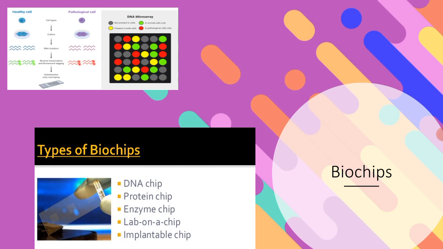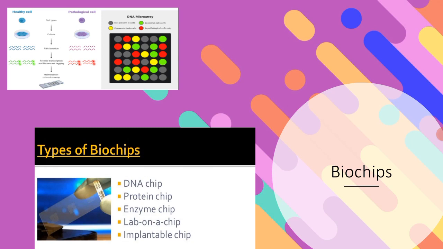It is a two-dimensional array of molecules on a solid substrate like the glass slide, as you can see in this picture, or the silicon film cell, that will test a large amount of biological material using high throughput screening. And with the help of DNA microarray we can also carry out many reactions at a single time.